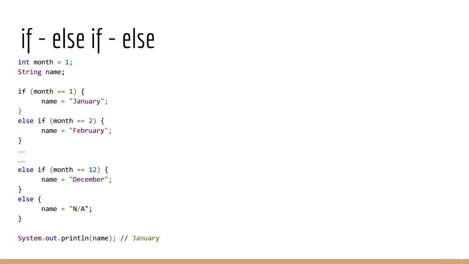The rest of the code is similar for all other months. When the value is not between 1 and 12, I am assigning the text not available into name inside the else block. Finally, I am printing the value of the name variable. Try changing the value of month from the first line. You will see the corresponding month name in the console output.